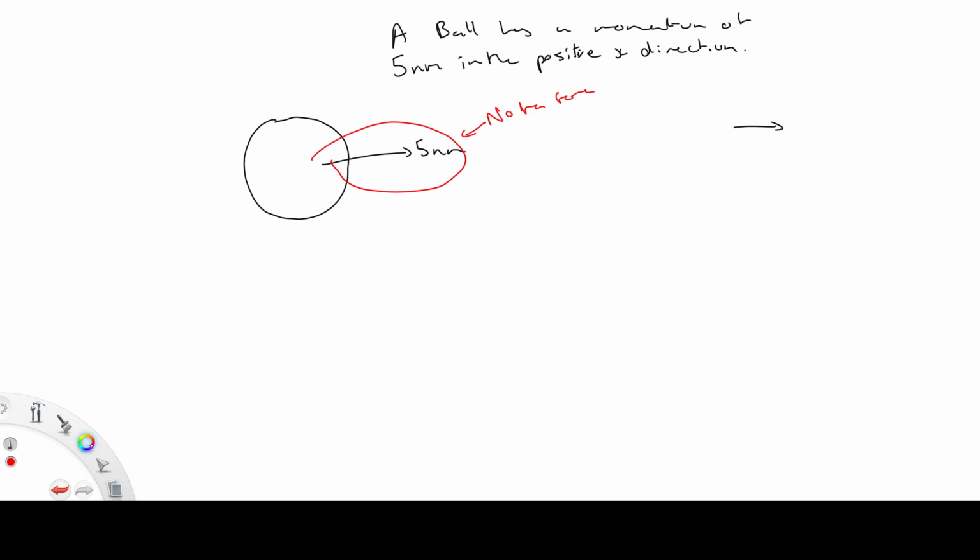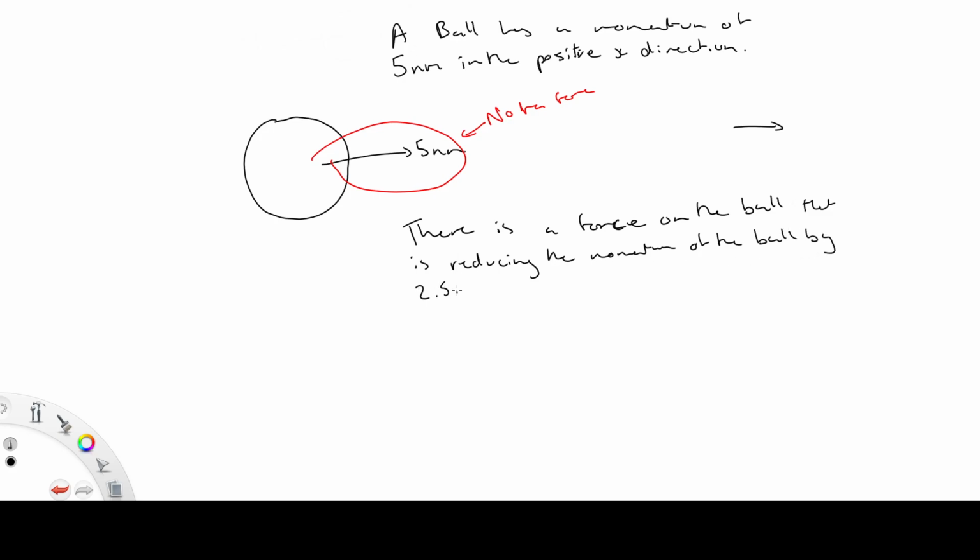Now I say there is a force on the ball that is reducing the momentum of the ball by 2.5 newton meters per second.